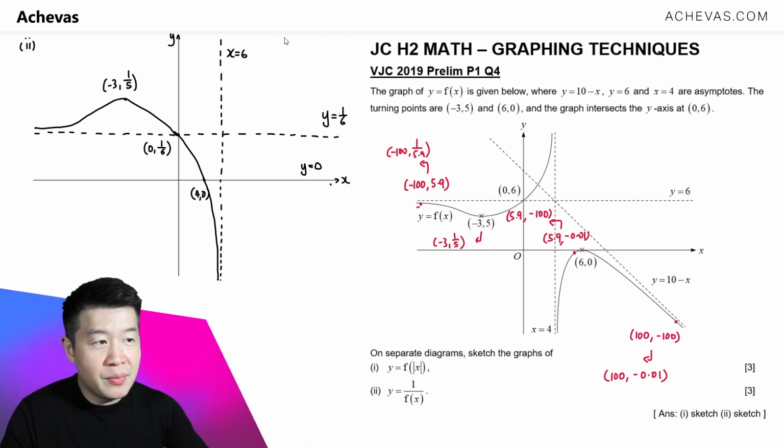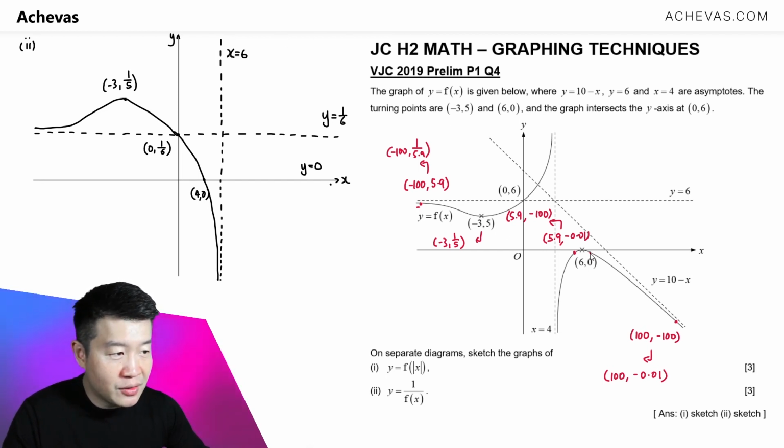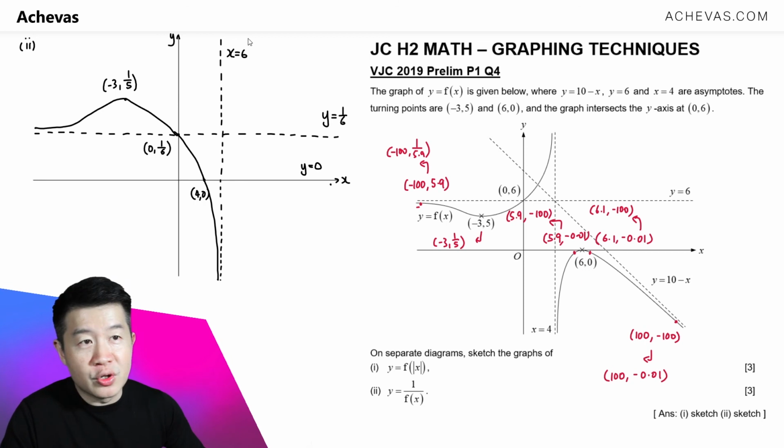I can try the same thing here towards the right hand side of 6. So for this point here, let's say we give it an arbitrary coordinate again. So let's say we are going to go for 6.1 and negative 0.01. So as it undergoes the transformation, it will be 6.1 and negative 100.